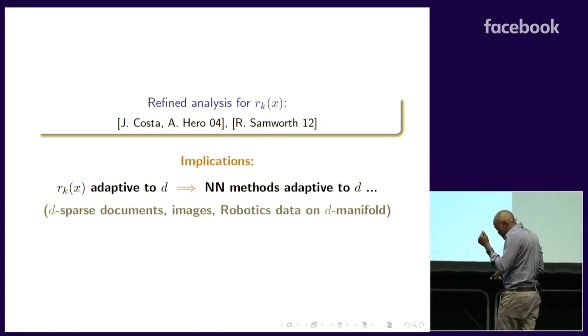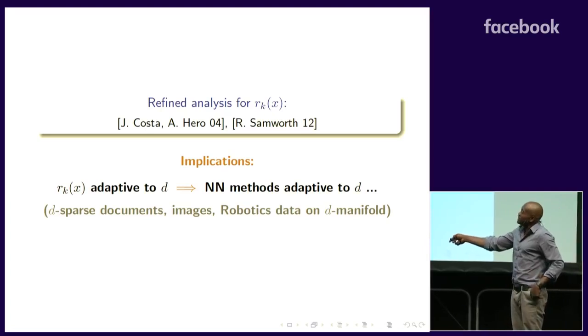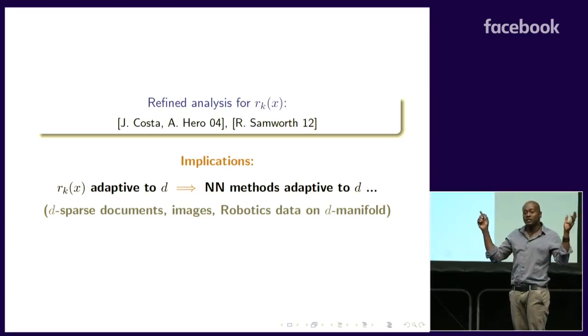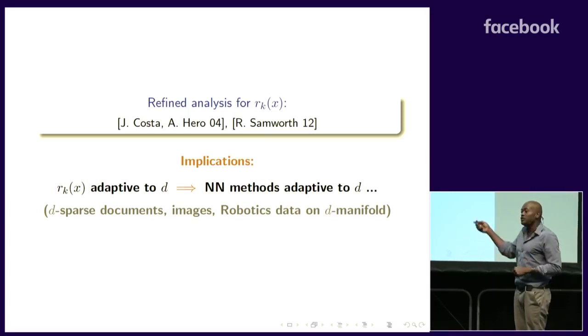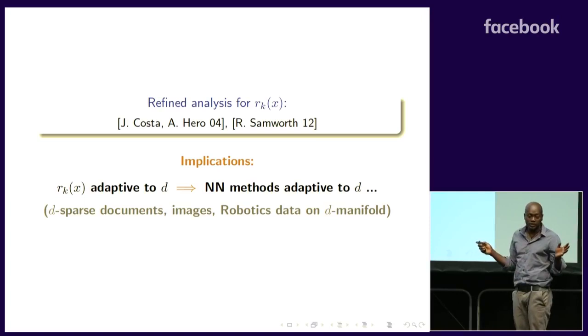The implications are the following, hopefully: now we know that nearest neighbor distances are not affected by the ambient dimension, but are affected by the intrinsic dimension of the data or of the metric. And so hopefully, nearest neighbor methods, which are essentially based on nearest neighbor distances, are also only dependent on the little d, not on the ambient dimension.